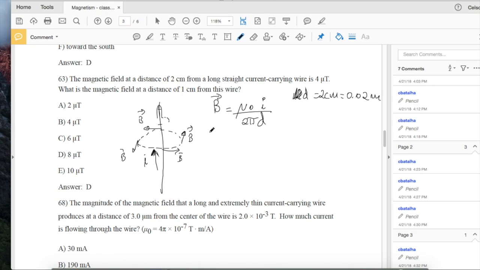It's 4 micro Tesla. So 4 micro Tesla is the field, equal to mu naught, a constant, times the current divided by 2 pi times the distance. And with that information, we can figure the current. So current can be calculated. I'm not going to calculate that.